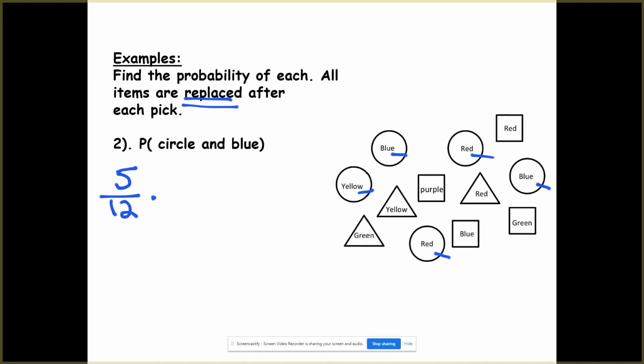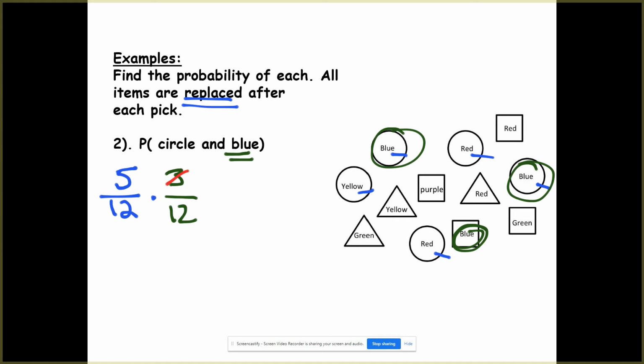And so we're going to multiply that by the desired outcome of blue. How many desired outcomes of blue are there? We got 1 blue, 2 blue, 3 blue, and that looks like it for the blue. So we got 3 desired outcomes of blue out of how many outcomes? Well, there's 12. And you can simplify that to 1/4, but I'm going to go ahead and just show you how to cross cancel.